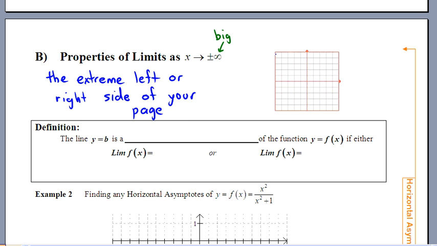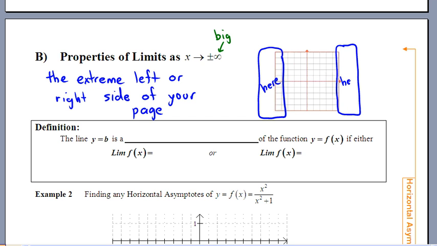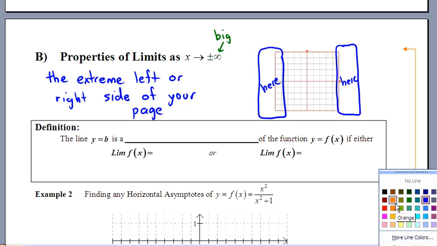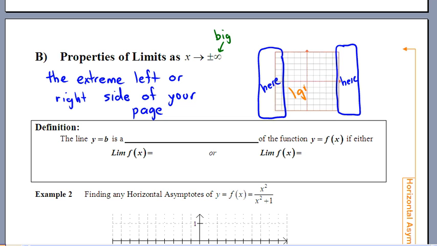So we're talking about, on a piece of graph paper, we're talking about out here, or maybe out here. And if we're talking about x's going to infinity, then we're going to just ignore all this part of the graph in there. Just not really of any consequence to us.